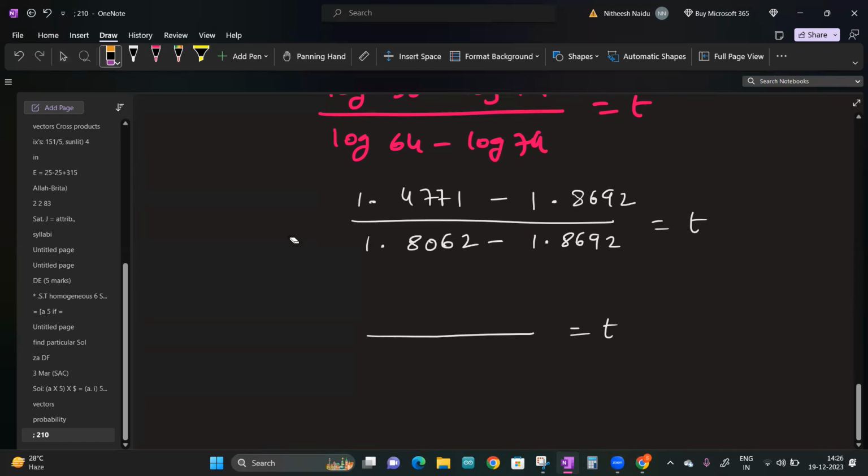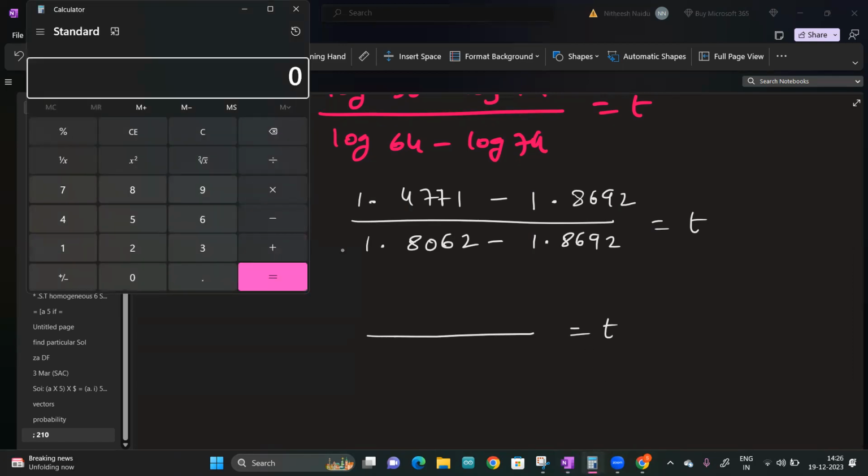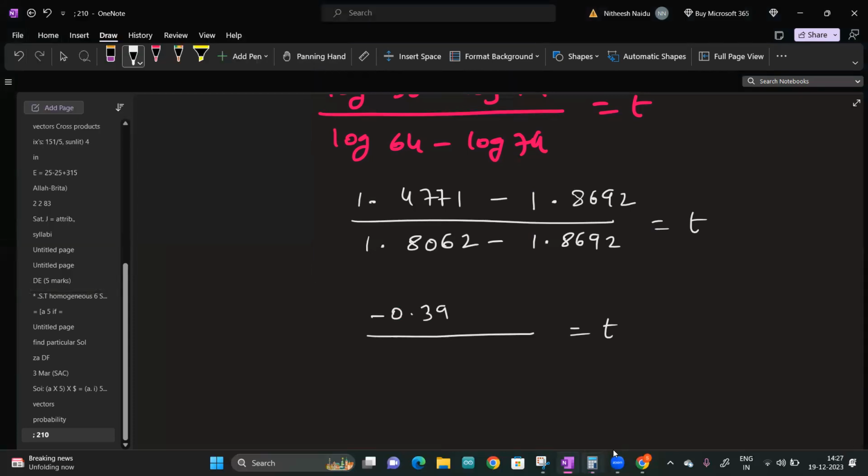Do the subtraction, tell me the values. Minus 0.3921. Okay. So 1.4771 minus 1.8692 is minus 0.3921.